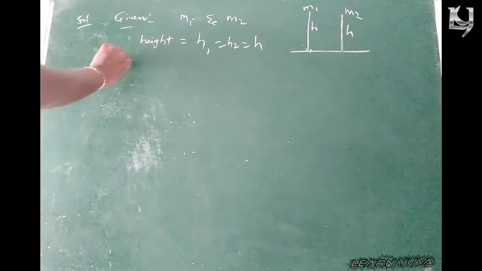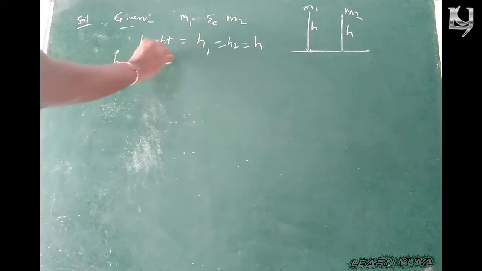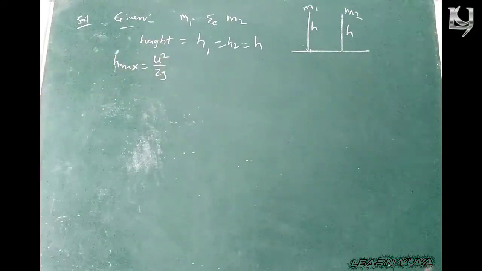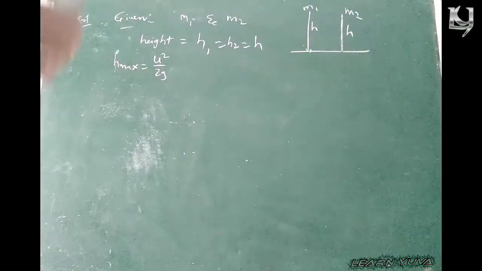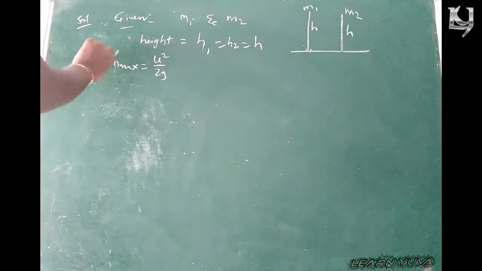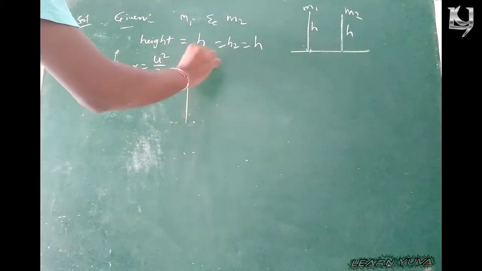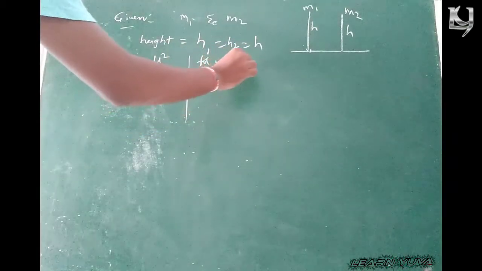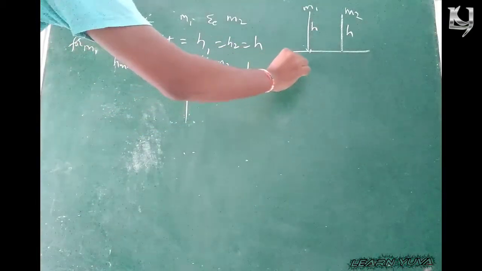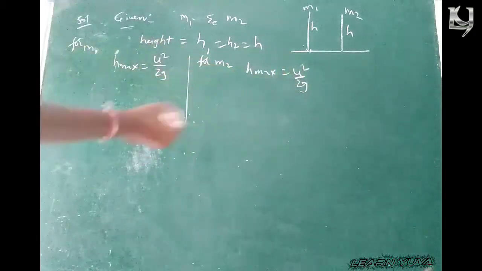So h maximum is equal to maximum height formula u square by 2g, for body 1, for m1. For m2, h max is equal to u square by 2g. The ratio is 1.